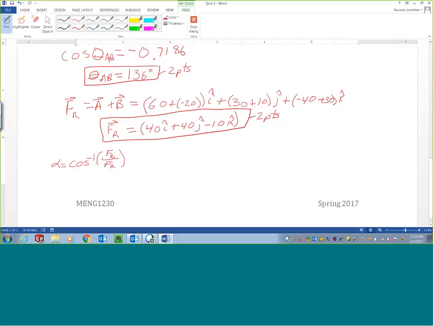So we need to find the magnitude of FR. That's pretty straightforward. FR, we do the square root of 40 squared plus 40 squared plus negative 10 squared. And that works out to be 57.45.